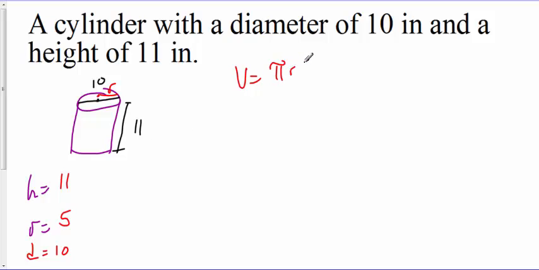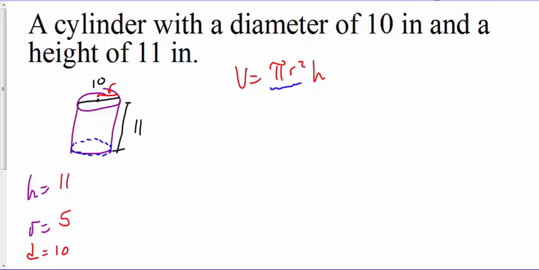So here's our equation: volume equals pi r squared h. Note that this portion is really the area of that circle down here, right? And we're just multiplying that area of the circle by 11, and that's where the height comes in.